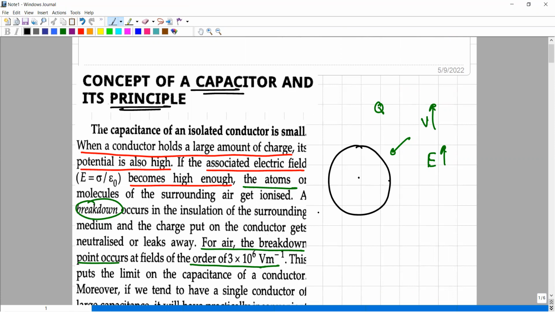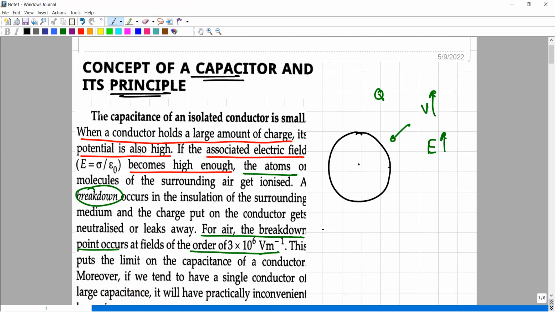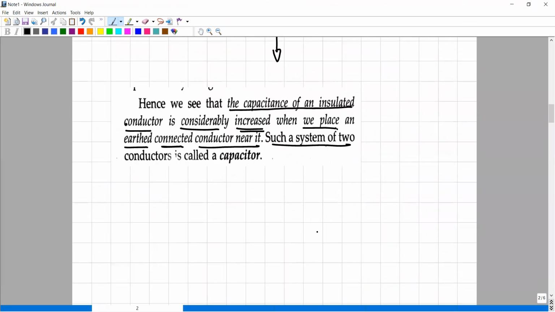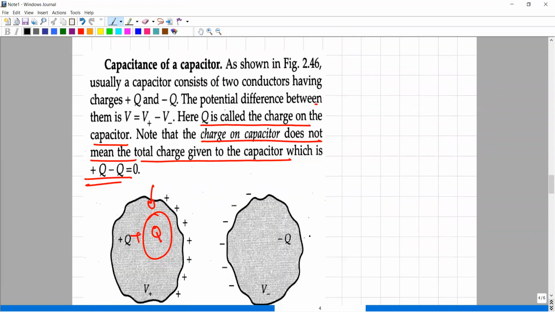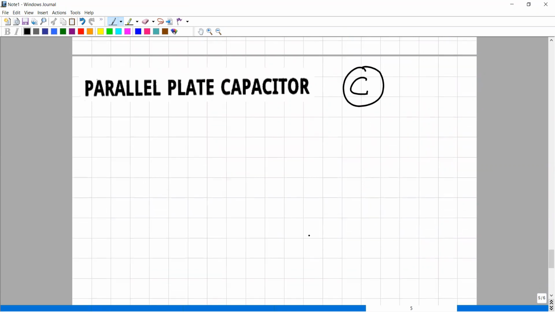It takes some time to settle down in your head. These concepts will take some time, so don't watch it in one shot. Repeat the video once or twice. If you are confident enough that you have understood the whole concept, then you can move on to the parallel plate capacitor.